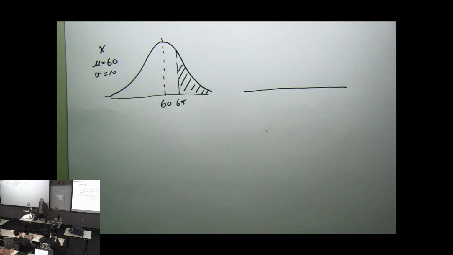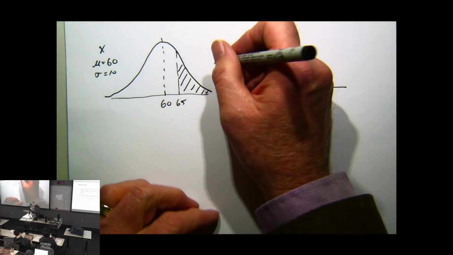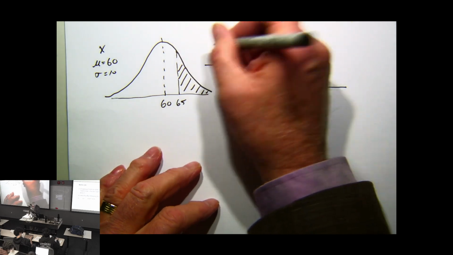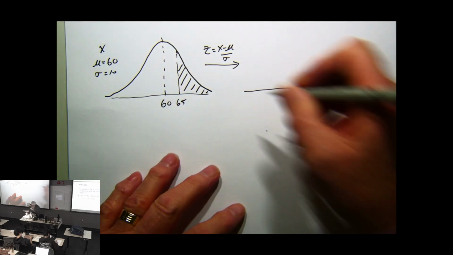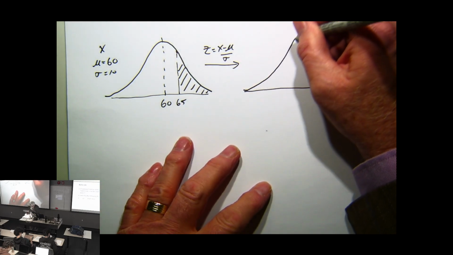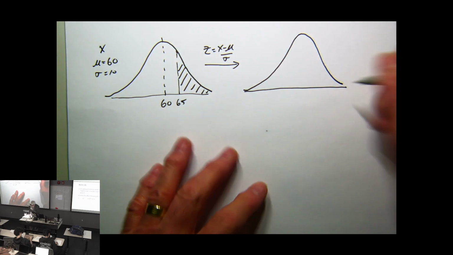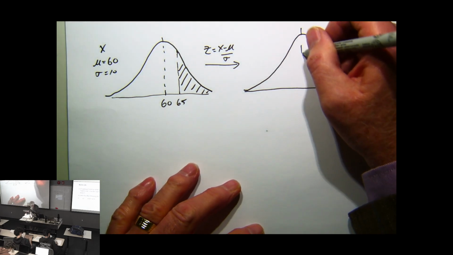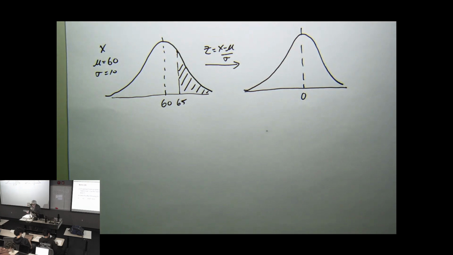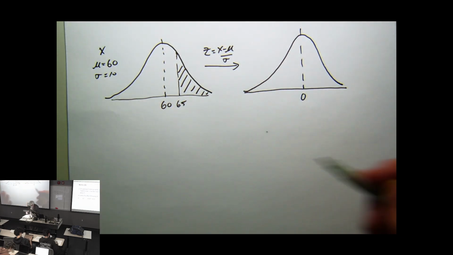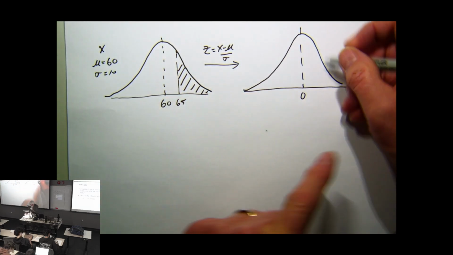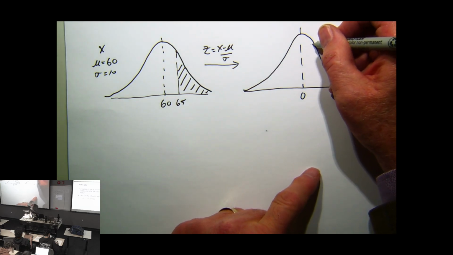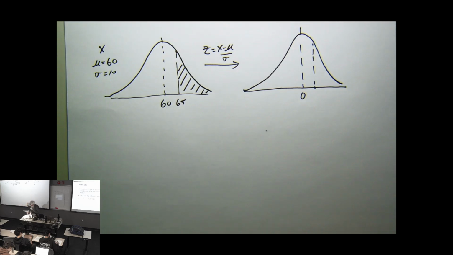What we know is when we make this standardizing transformation, z equals x minus mu divided by sigma, it takes us to a standard normal distribution, which looks the same, except the mean goes to 0 and the standard deviation goes to 1. Where this was 70, this is going to be 1. And so the 65 is here, and we'll get that z value in a moment.